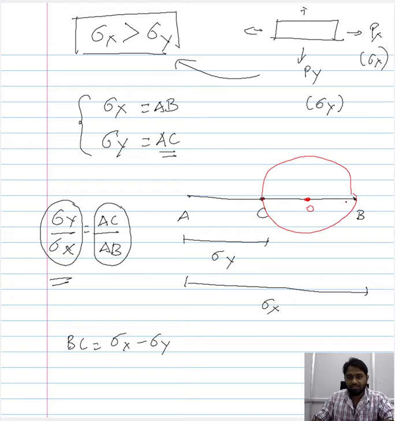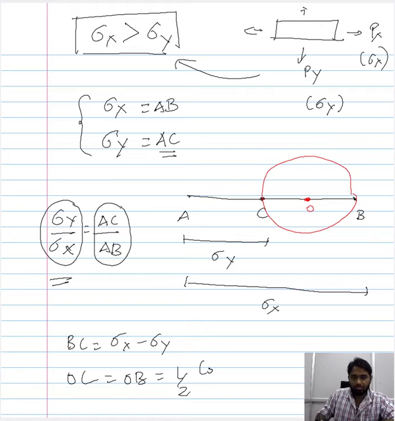With that BC as the diameter, we have now plotted a circle with center O. Now the radius of this circle, which would be OC or OB, will be equal to 1 by 2 of sigma x minus sigma y.